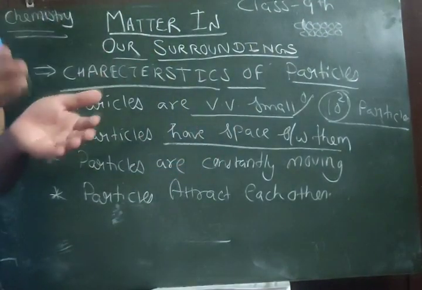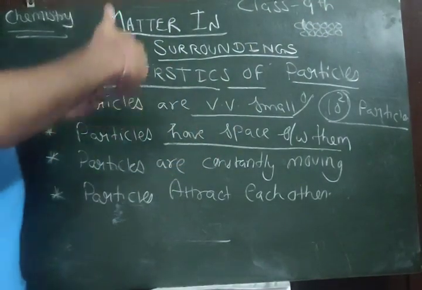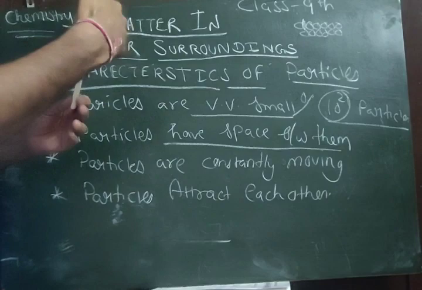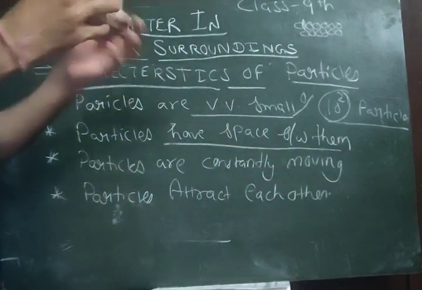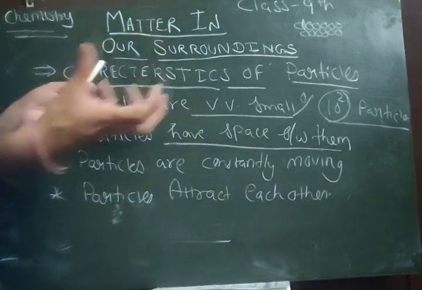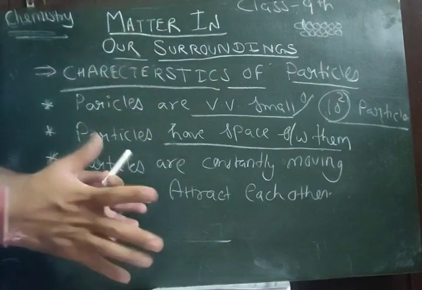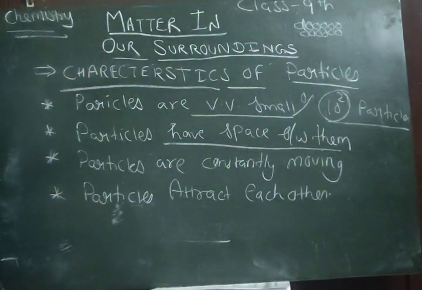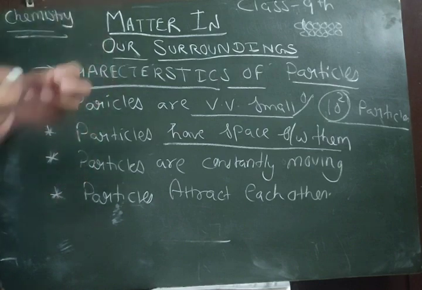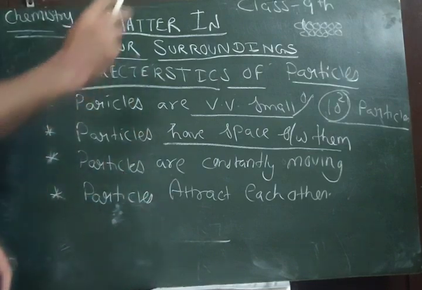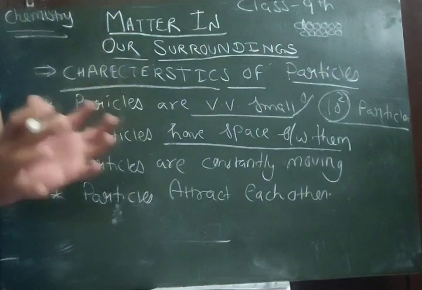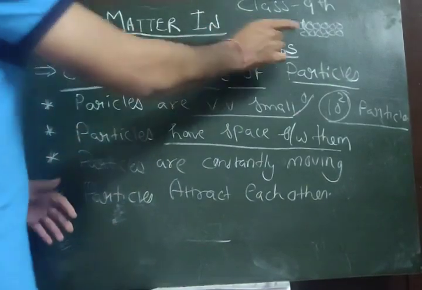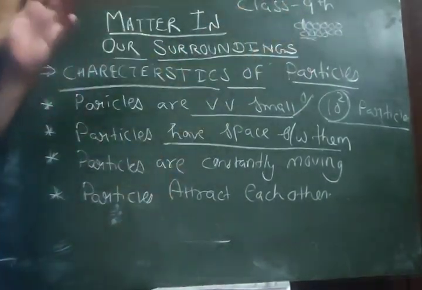In solids the space is very little, but as we go further towards liquids, the space is a little larger, and in gases the space is very, very large. So we can't say solids don't have any space. They have space, but the space is very little, because the force of attraction between the two particles is very high.